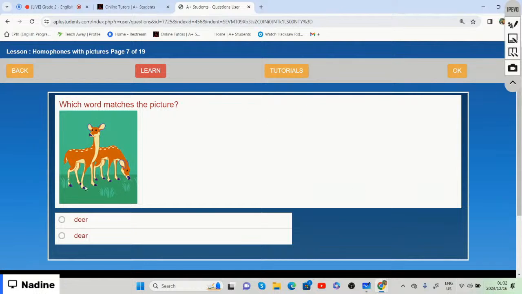And then we need to match the picture with the word. Is it deer, the first deer, because these are deers? Or is it dear as in my dear? So which option is correct? So dear, which option is the correct one?